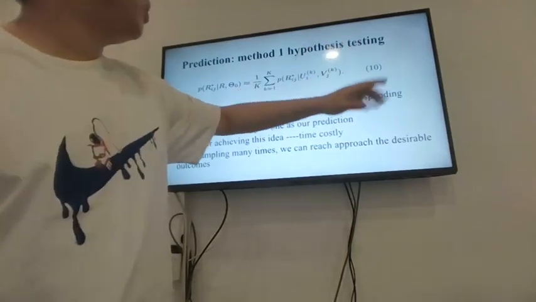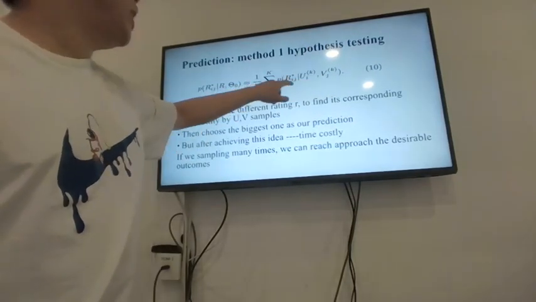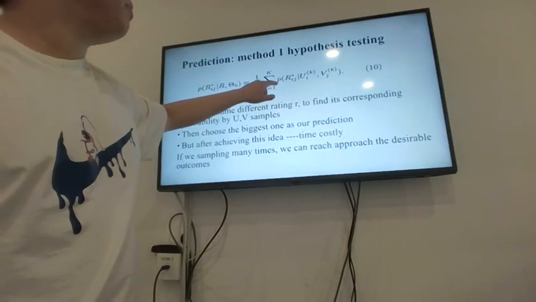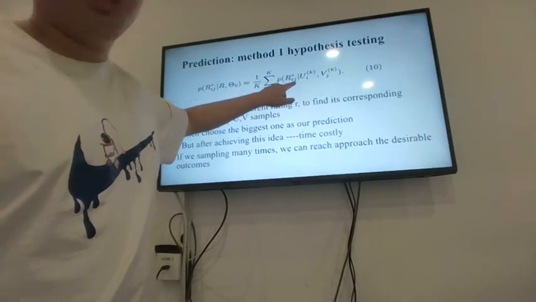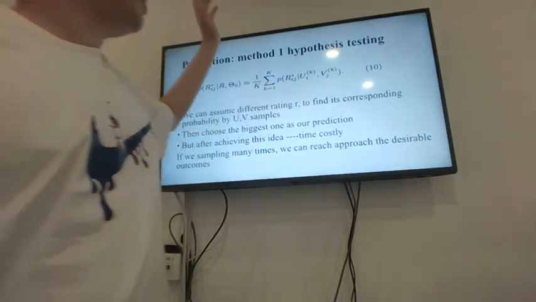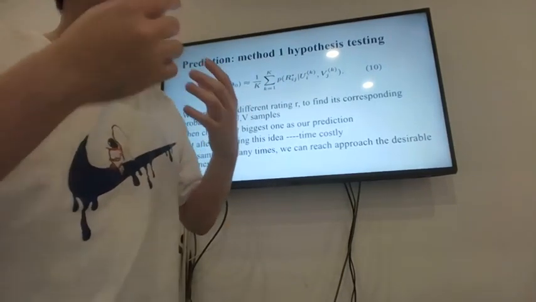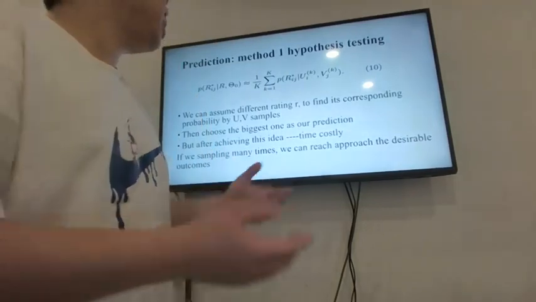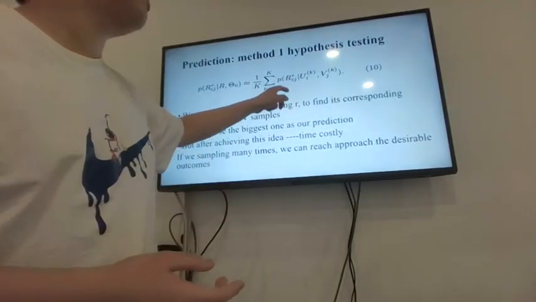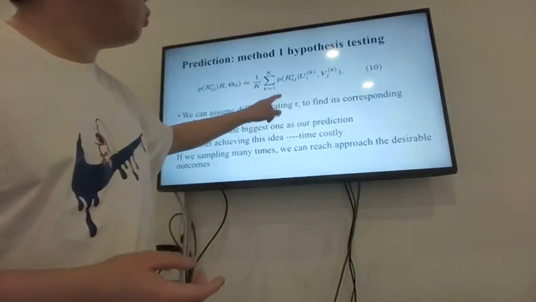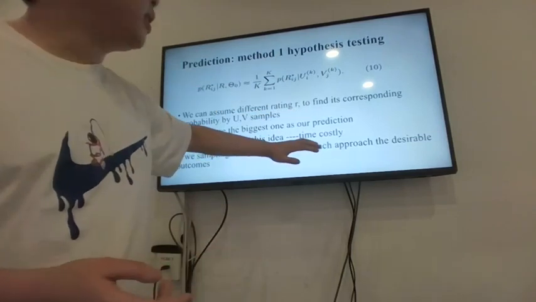After we get the samples of Ui and Vi, we can calculate the corresponding probability of Rij, which we assumed first, such as 0.5, 1, 1.5, and so on.